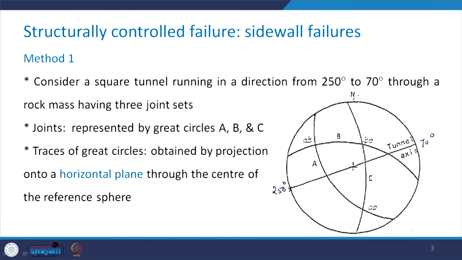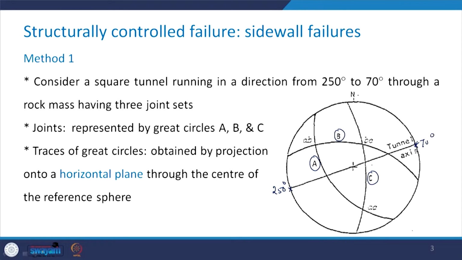If we join these two points, that gives us the tunnel axis. There are three joint sets which are represented by the three great circles A, B and C.